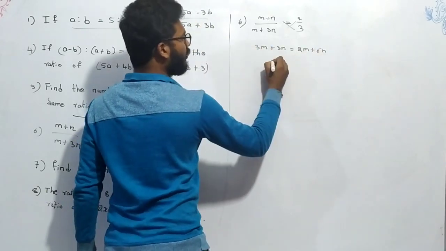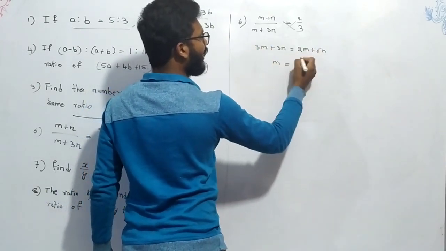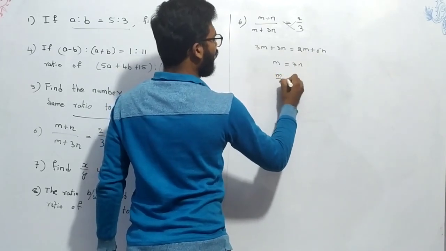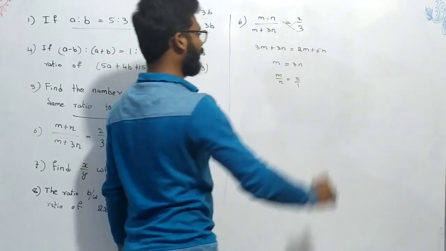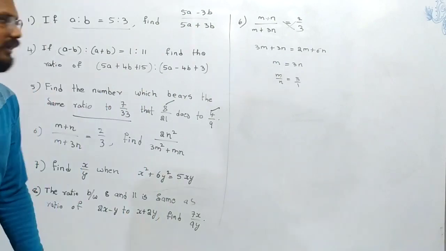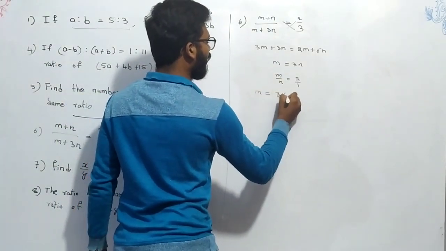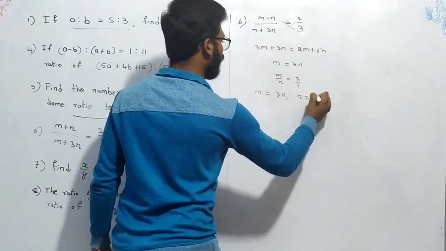So 3m minus 2m it is m, 6n minus 3n it is 3n. So m by n equal to 3 by 1, nothing but m is to n equal to 3 is to 1. So we can take m is equal to 3k, n is equal to k.